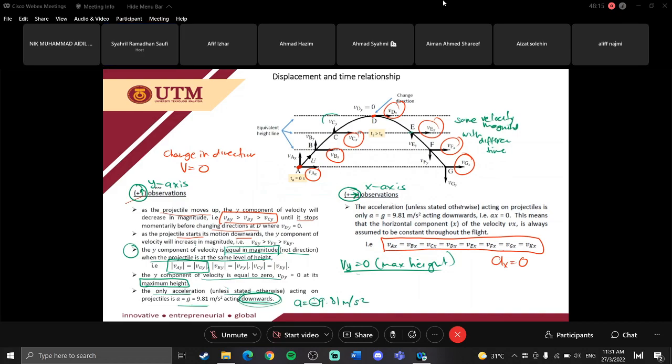The acceleration acting on the projectile only acts downward, so ax is equal to 0. This means that the horizontal component of the velocity, vx, is always assumed to be constant throughout the flight. This is the information that you need to understand when you deal with projectile motion.